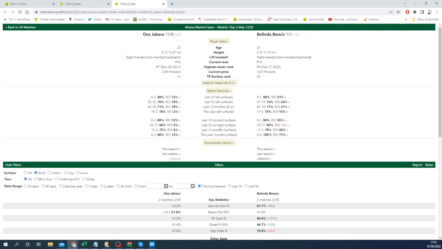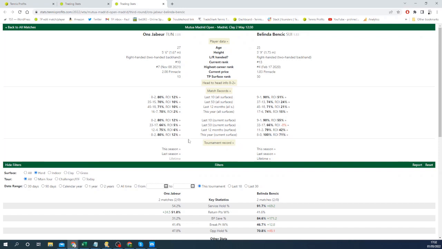Then we look at the current surface, in this case it's clay. Last 50, again pretty close, very close, 33 out of 50. Slightly higher ROI for Jabeur this time. Last 12 months, percentage wise, slightly better for Bencic. Much higher ROI in the last 12 months on clay.